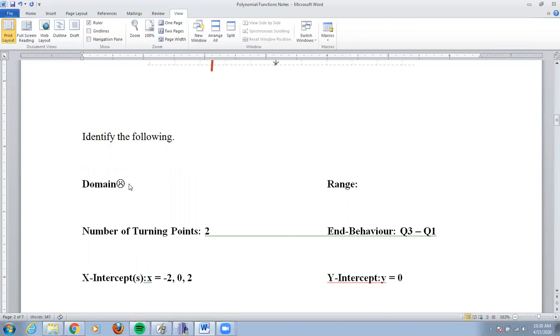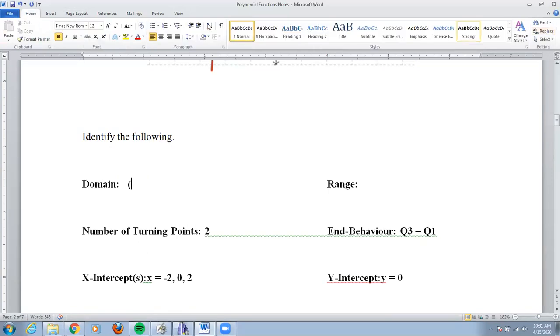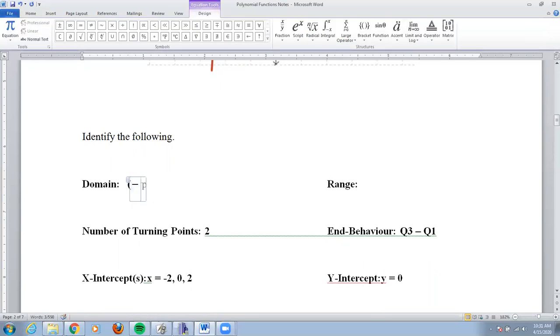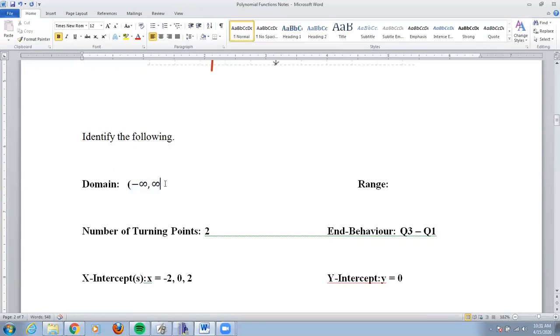So we'll go round bracket. On Word, you can go insert equation, and you can go negative and then infinity, comma, and then positive infinity. And we don't typically write positive, we just write infinity. So that would be the domain of this function.